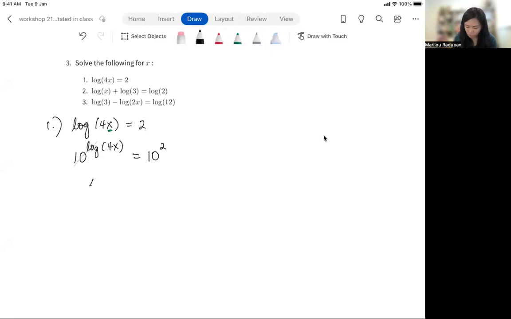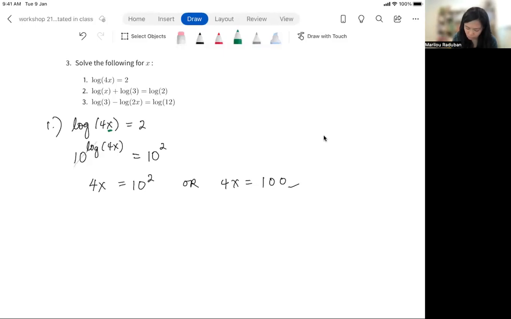So you have just 4x on the left side, and 10 exponent 2 on the right side. Or you can expand exponent 2 if you want. That's 100. If the exponent is positive, you have 2 zeros for the exponent 2. So you can simplify it this way if it's easier for you, or you can leave it as base 10 exponent 2.